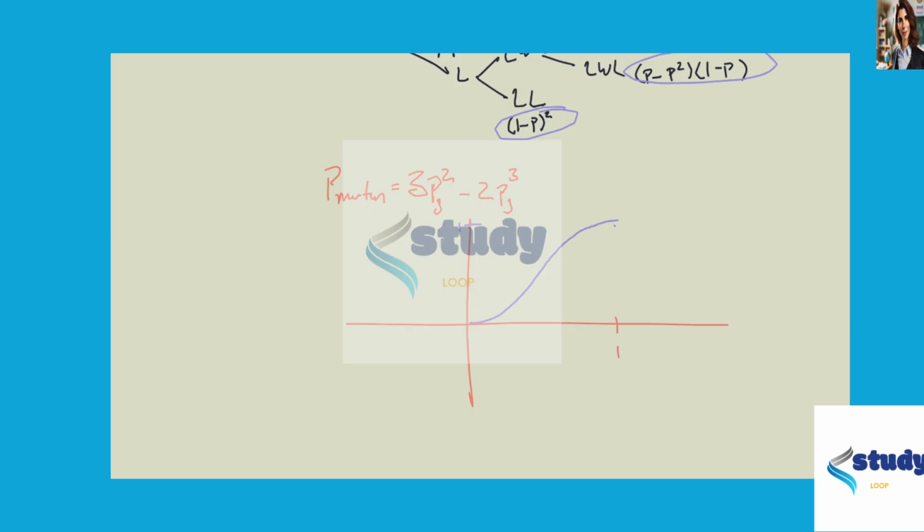The rest of the graph doesn't really matter, but it's basically like that. So this portion here is what you would need to graph. That's the probability of winning a match, so P match is the y-axis and P game is the x-axis. We're just plotting this. You can put this in your graphing calculator if you want to see a better plot of it.